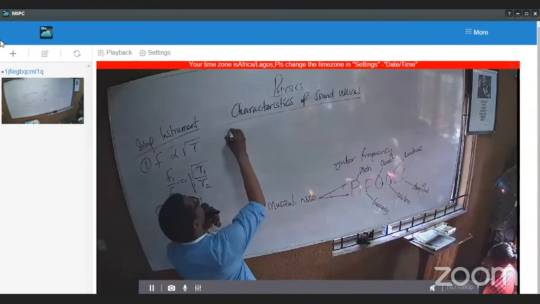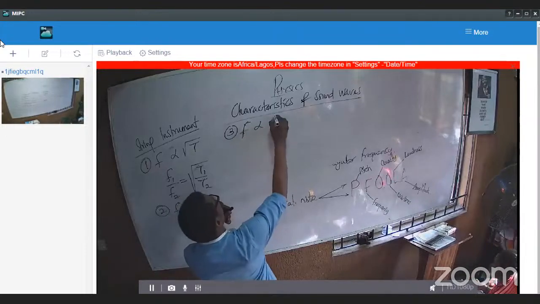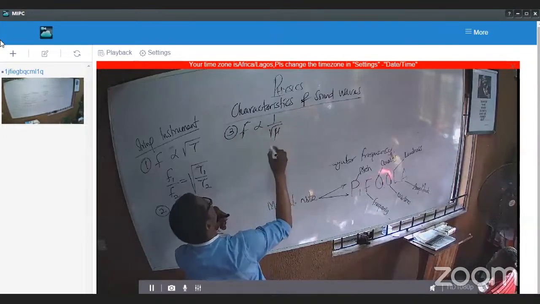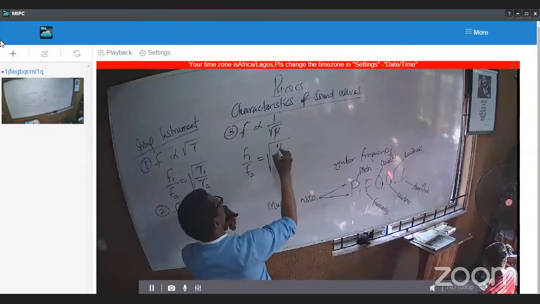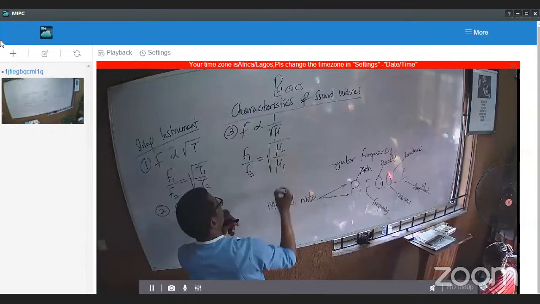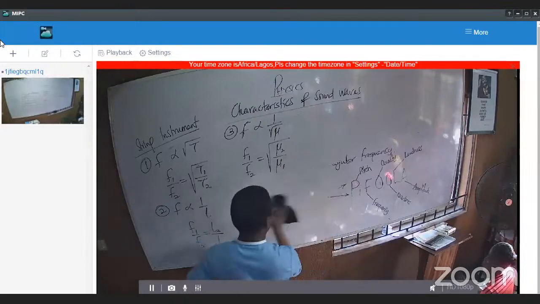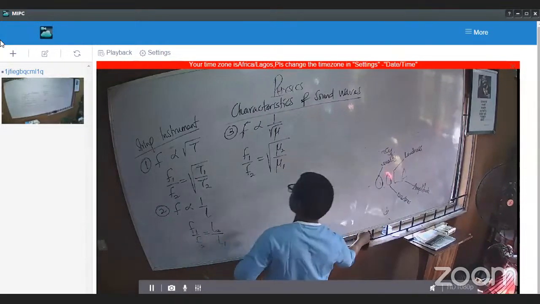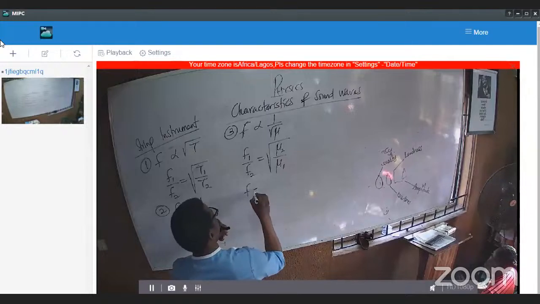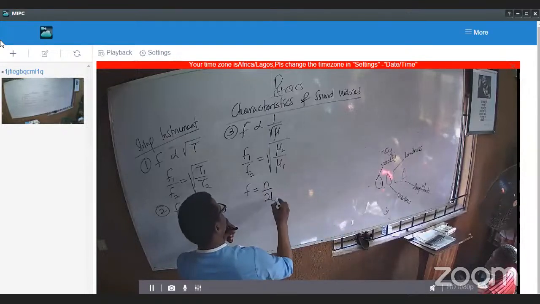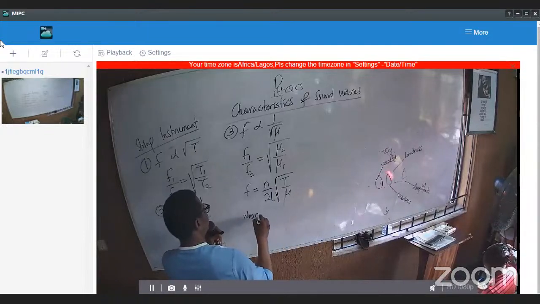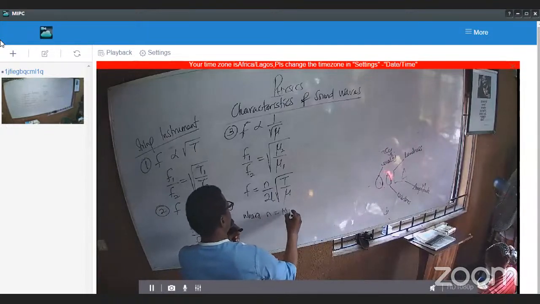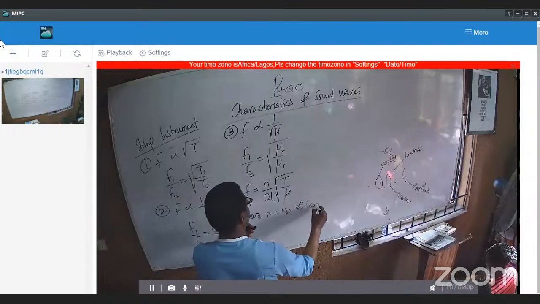And number 3, F is proportional to 1 over square root of mu, so F1 over F2 equals square root of mu2 over mu1, an inverse relationship. And then we have F equals N over 2L times the square root of tension over mu, where N is the number of loops.